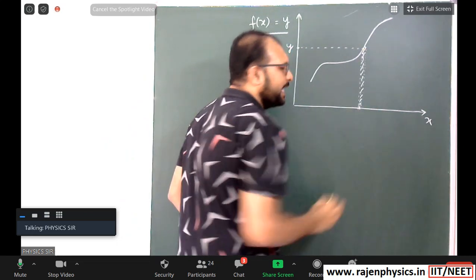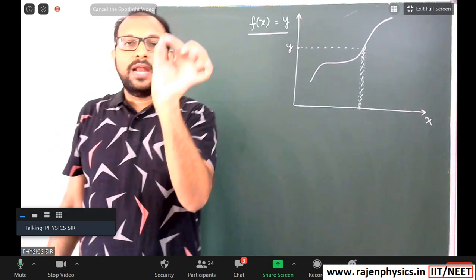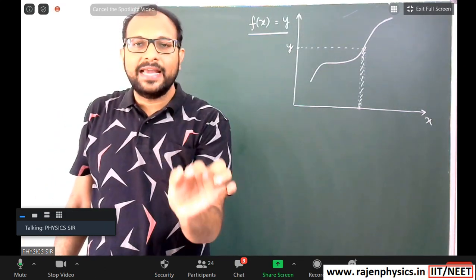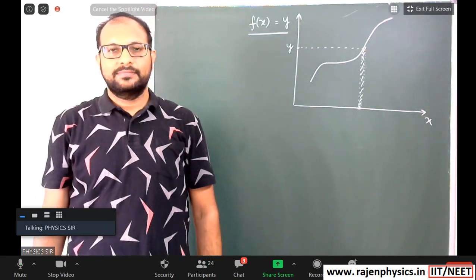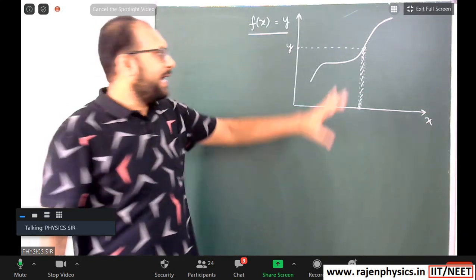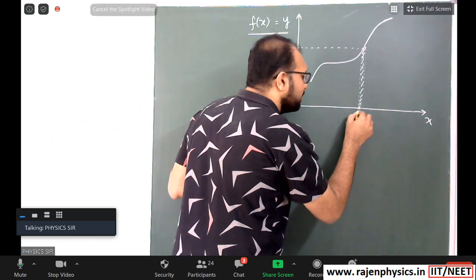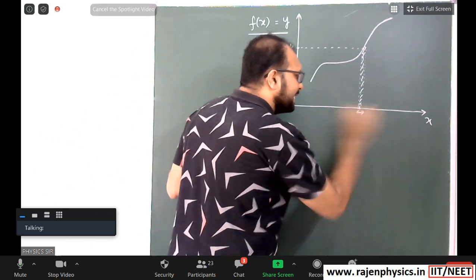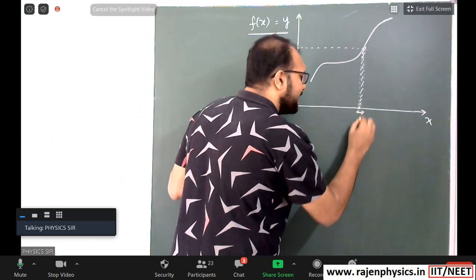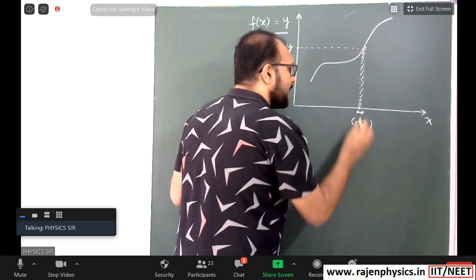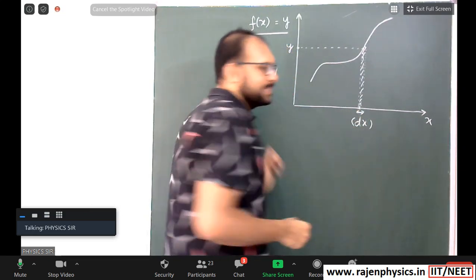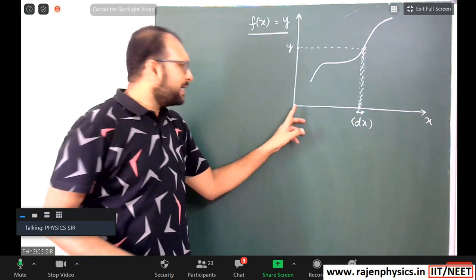So now, if you see this, from here to here looks like one small rectangle. Rectangle height y, and the breadth, thickness, distance is dx. Between these two points, I am not calculating from here.